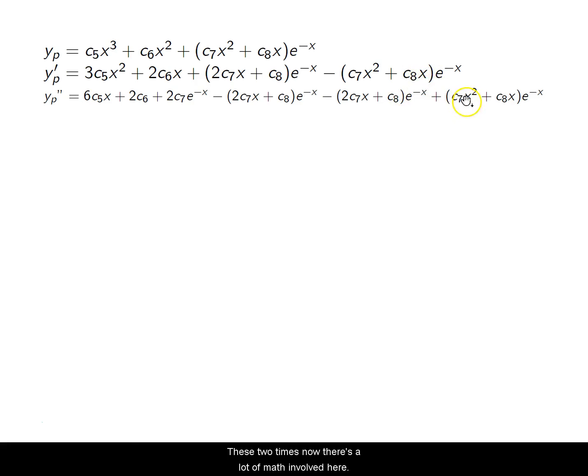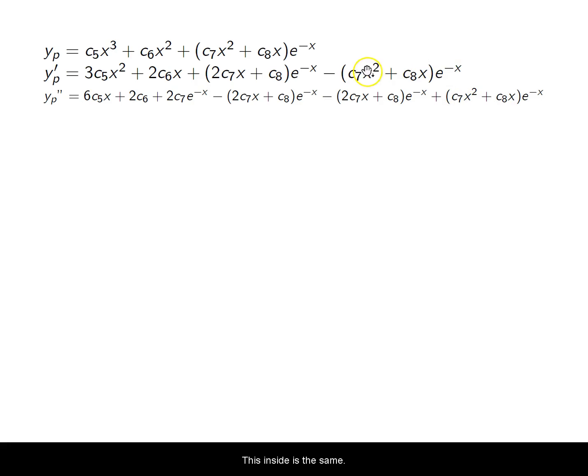Now there's a lot of math involved here, and I know I told you to write as you watch this video, so I'll go a little bit slow so you have time to catch up on the writing. Again, the inside part was differentiated, and the outside stays the same. And here the two negatives come out, so you get positive.